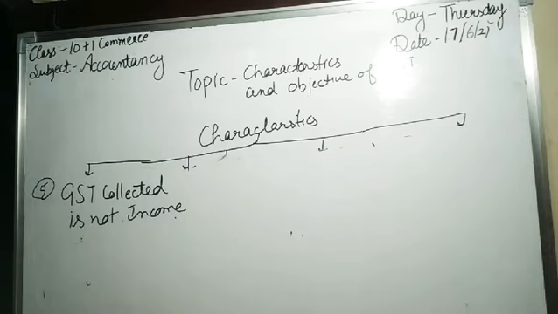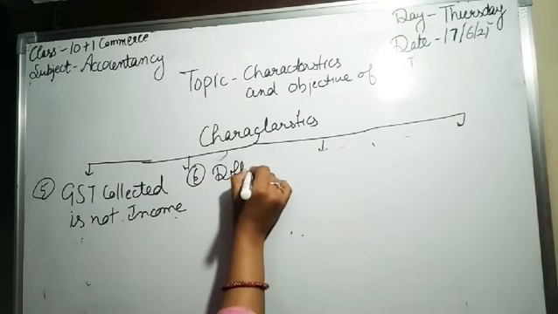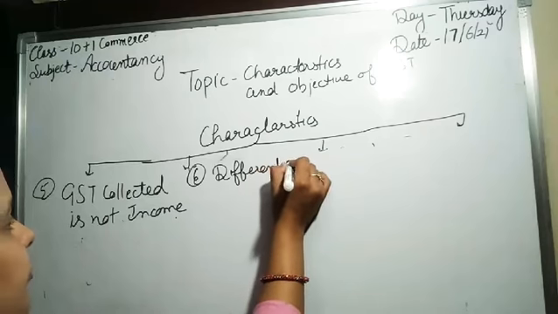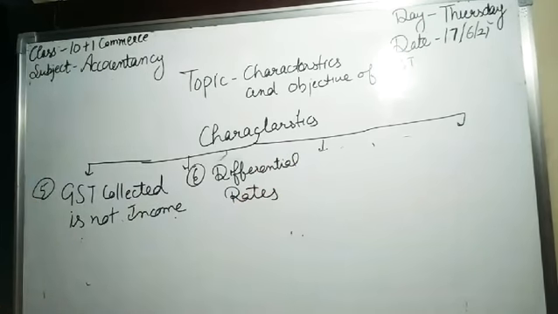The next point, the sixth point, is differential rates. Differential rates mean that GST is levied on both goods and services, and mainly four tax slabs are applicable.